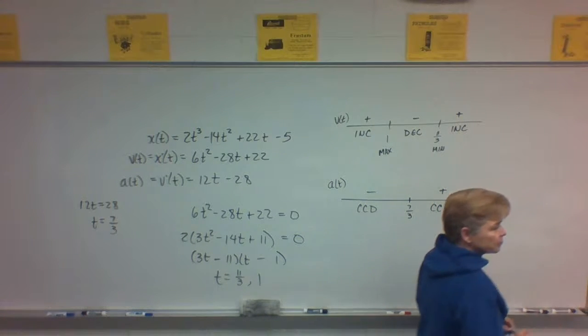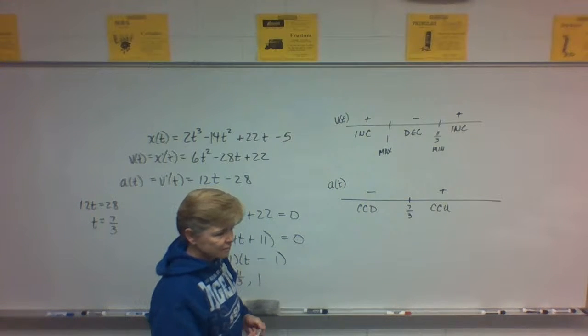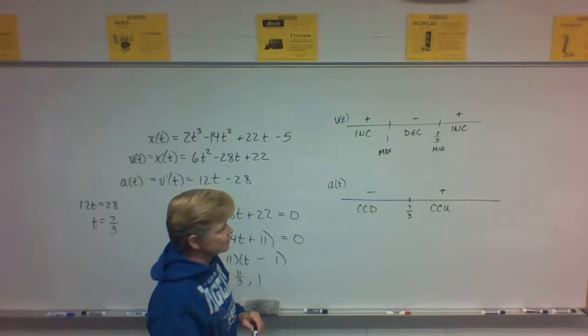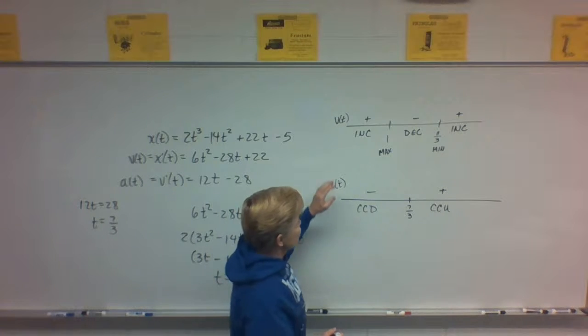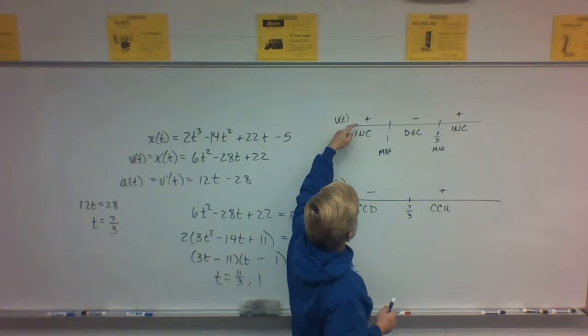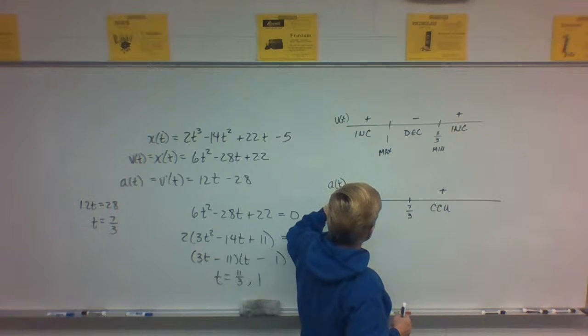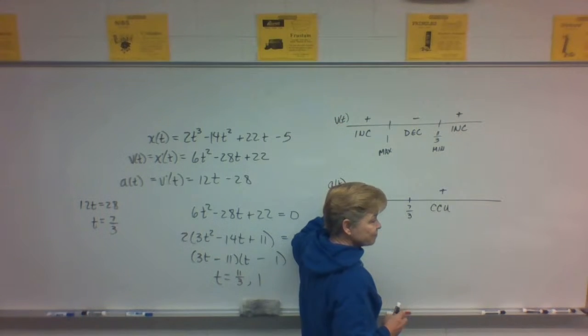For those of you that missed that entirely, memorize this. It's not hard to memorize, it makes good sense. When you have both sign charts together, you're talking about something in motion: whenever the sign of velocity and the sign of acceleration are the same, it's speeding up.